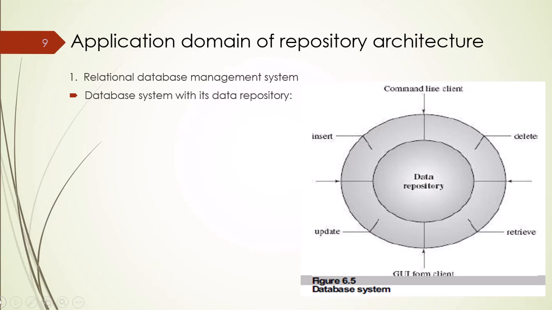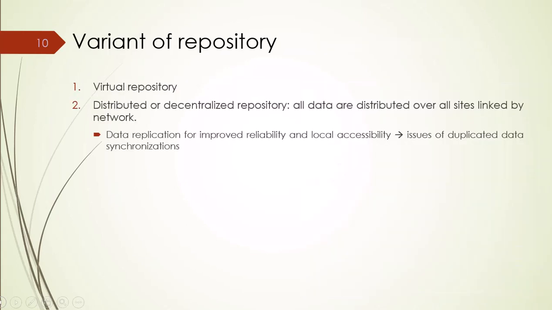Database system with data repository. Here you can see this is a centralized data repository, and all the instructions like delete, retrieve, update, insertion take place on the agent side. So agents initiate these instructions, and then based on those instructions, data is either updated, inserted, deleted, or retrieved.